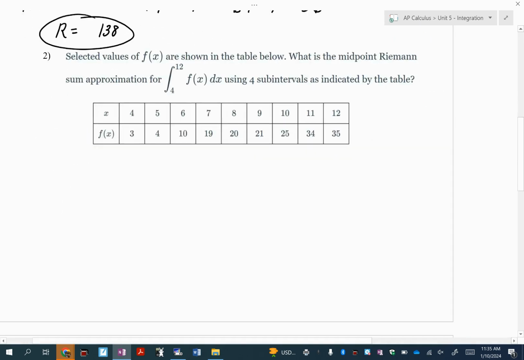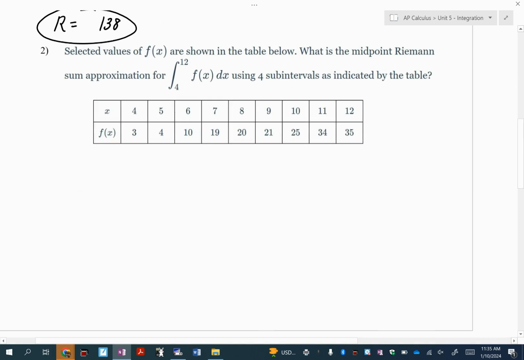Number 2. So number 2 is going to be the midpoint. All right, so this time I'm going to write down my intervals again, but you're going to notice that the table is going to give you more stuff because we need the midpoint value. So here's my first interval, 4 to 6.